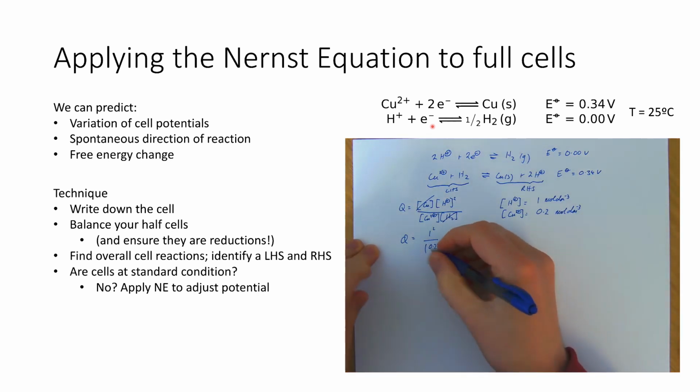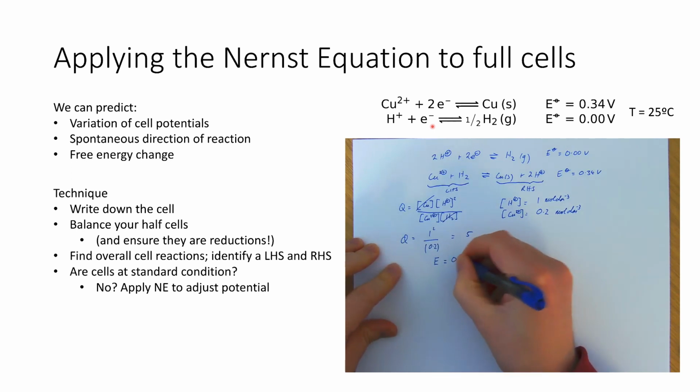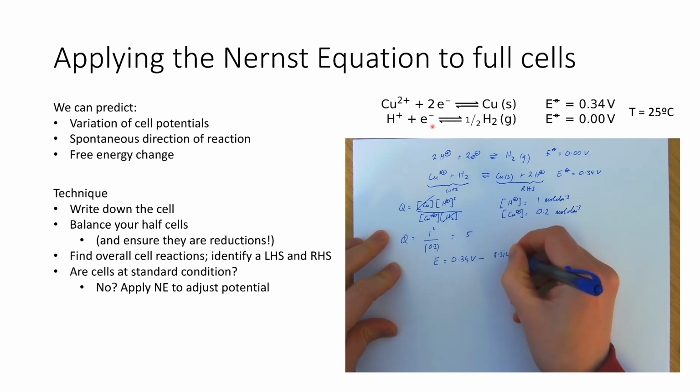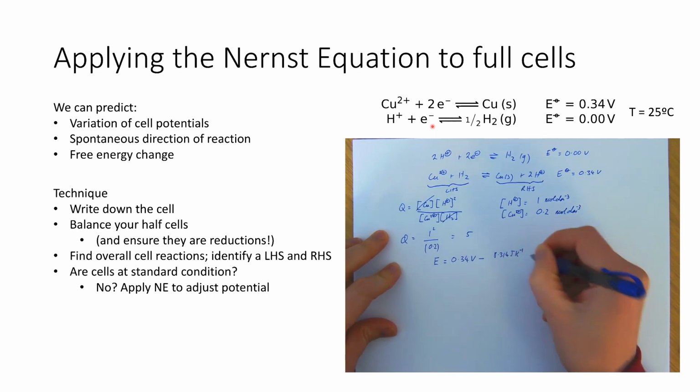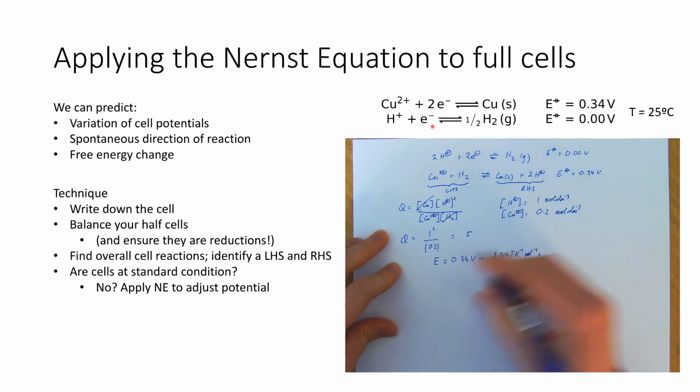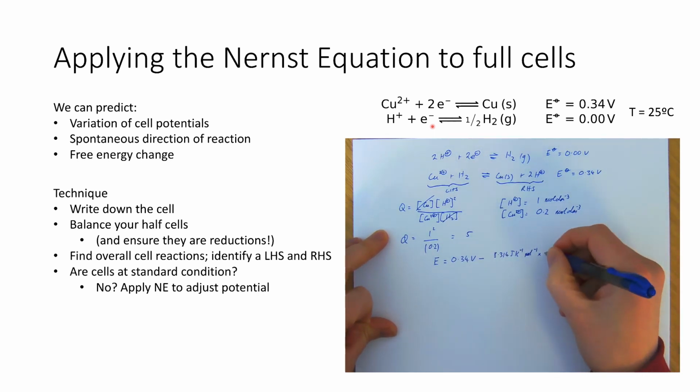Our Nernst equation then becomes E is equal to 0.34 volts minus RT, so 8.314 joules per Kelvin per mole, times our temperature, which we said is 25 Celsius, that's 298.15 Kelvin.